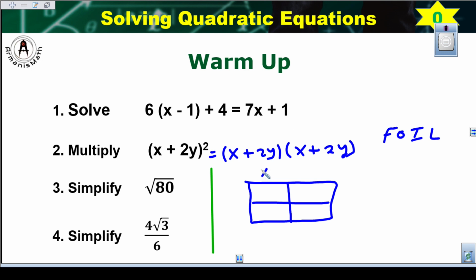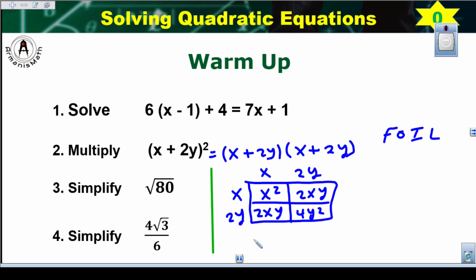That's why I'm a big fan of the box. And on top of that, you actually see a visual multiplication of what you're doing. x times x is x squared. That's a 2xy. Another 2xy. And that's a 4y squared, I should say.